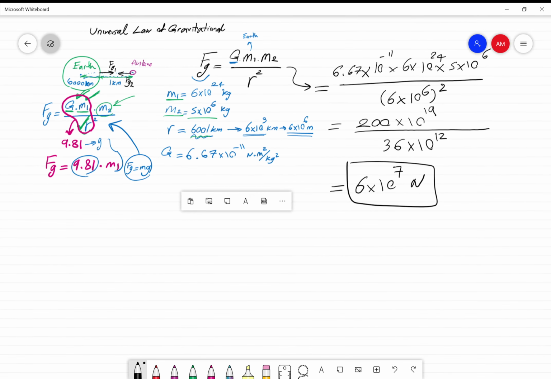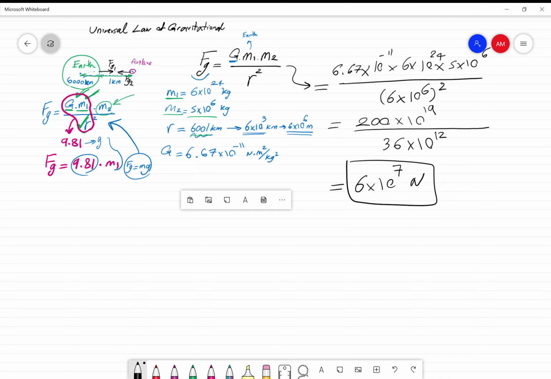Now we enter the second part, which is very important. So now we know Fg, which is the gravitational force between Earth and airplane, is equal to 6 times 10 to the power 7 Newton. I mean, roughly, because from the beginning we were assuming: the mass of Earth we rounded up, the mass of airplane we rounded up, the distance we rounded up, everything we did quickly to go through the process.